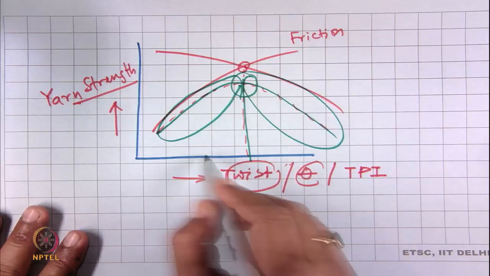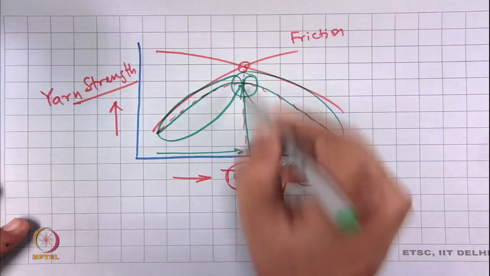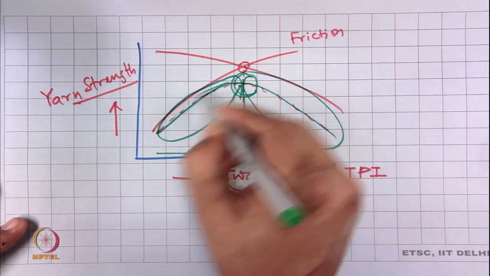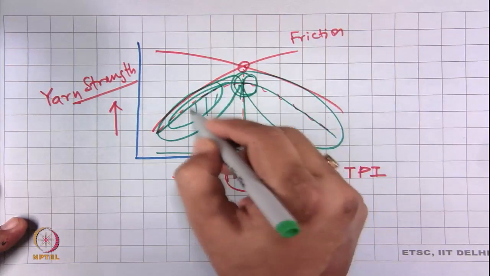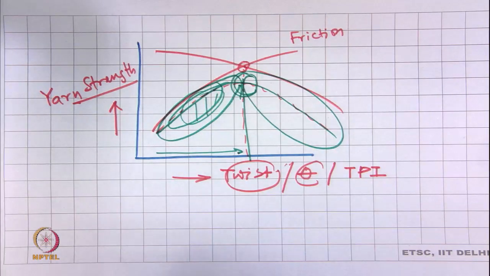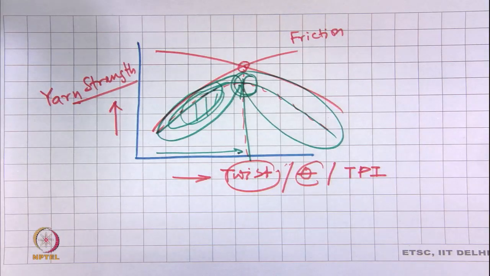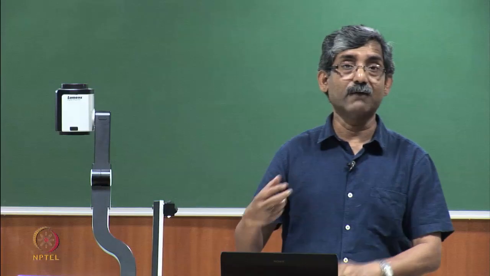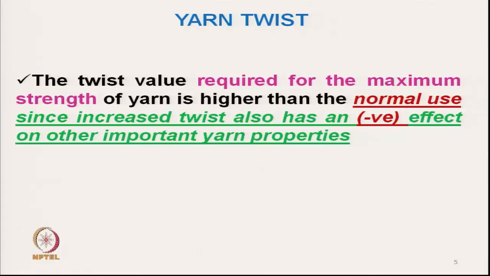In most practical purposes we do not reach up to this point, because we always deal with this zone. We set our twist level somewhere in this zone, because as we increase twist, in addition to the increase in strength, there are various negative effects which affect the characteristics of fabric and yarn. Now, what are these effects? Let us discuss in detail.